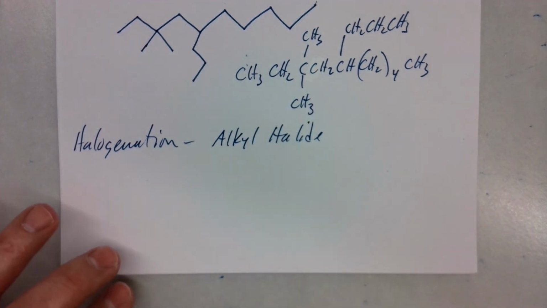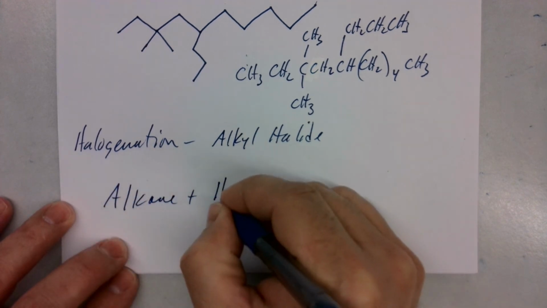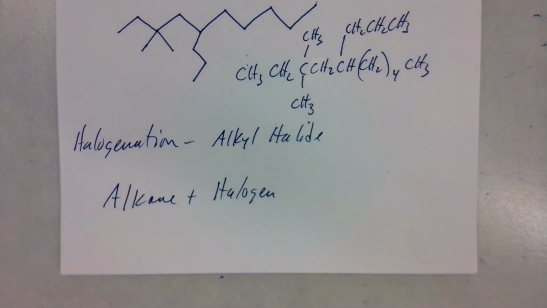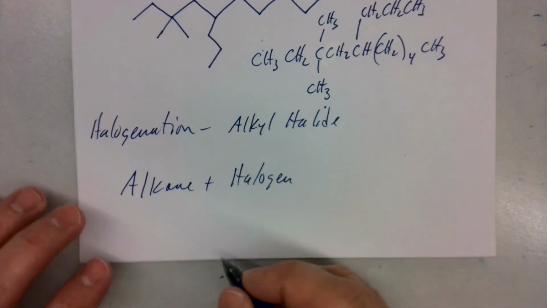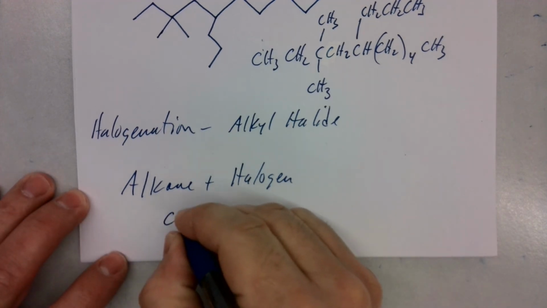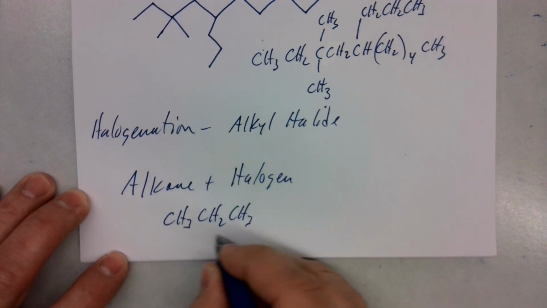You take an alkane and you add to it a halogen. How do I know it's a halogen? Yeah, it's in the halogen group, which is in group 7 of the main groups, right? What's going to happen is you're going to get this. Let's say I take CH3, CH2, CH3. This is what?